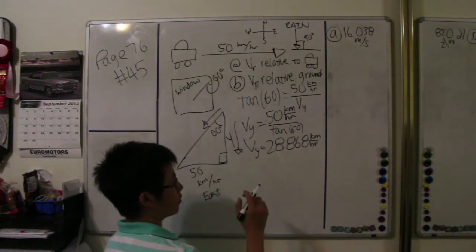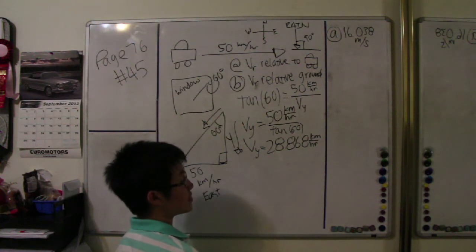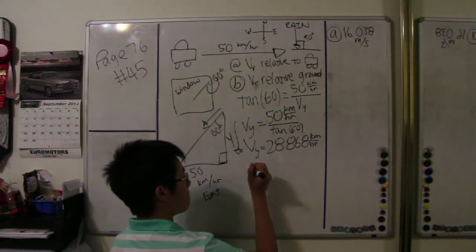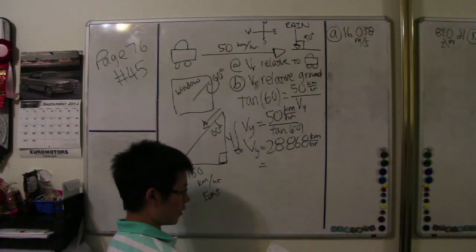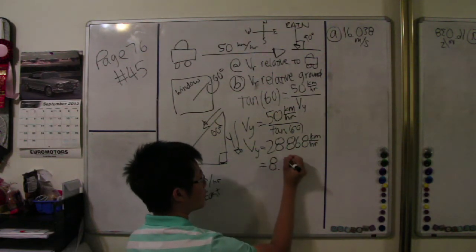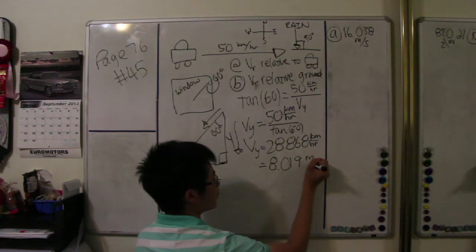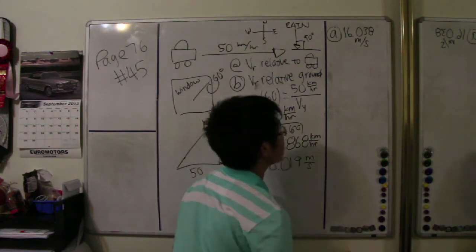So we're gonna multiply by 1,000 to get meters, and divide by 60 twice to get seconds. And when you calculate that, you get a total of 8.019 meters per second.